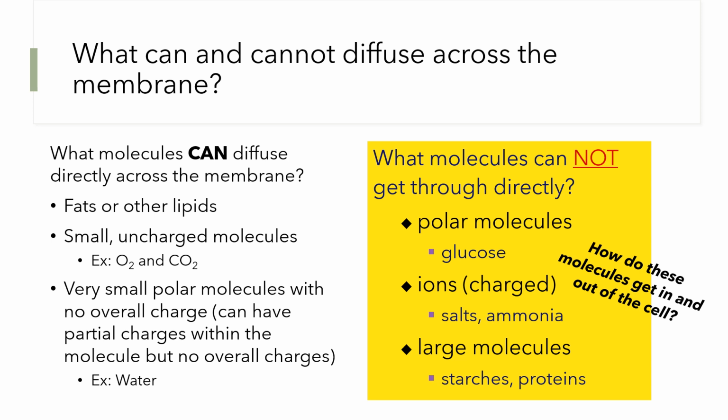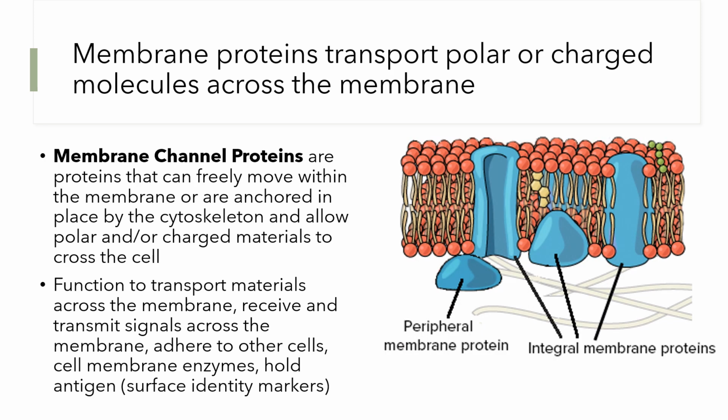We need proteins to build up amino acids for ourselves often. So where do we get those proteins? Where do we get the food into our cells overall if it's one of these molecules that cannot pass through? Well, that's where we bring in membrane proteins. We often call these transport proteins or membrane channel proteins, but we can just call them membrane proteins.